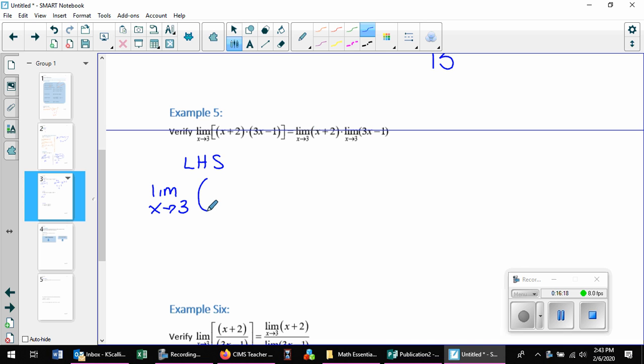How does that make you guys feel? You guys good with that? So 5 times 8. So my limit would be 40, because that would be a constant function, right? Ooh, look at us, skipping steps.